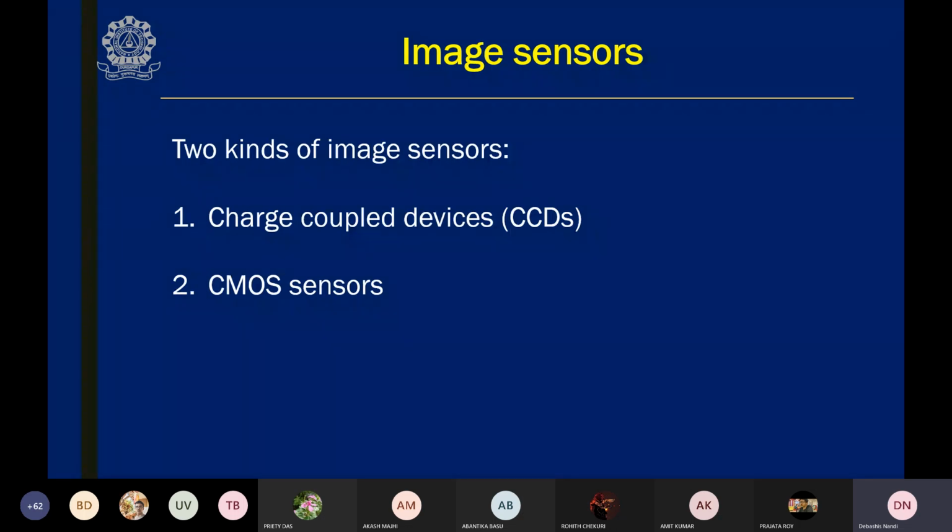Another sensor is the image sensor. Generally, these are the two widely used image sensors: CCD, charge coupled devices, and CMOS sensors. The charge coupled device sensor is the old one, but till now it is used for high-end cameras.